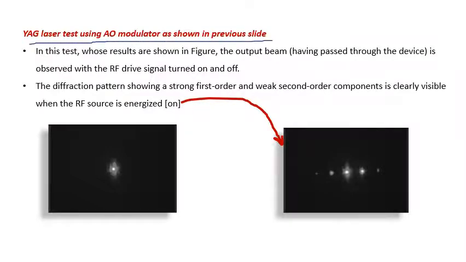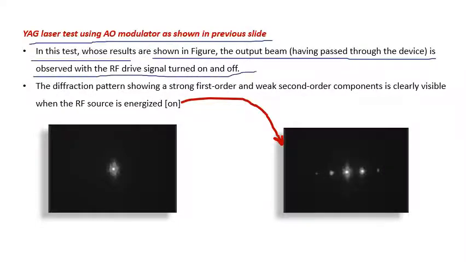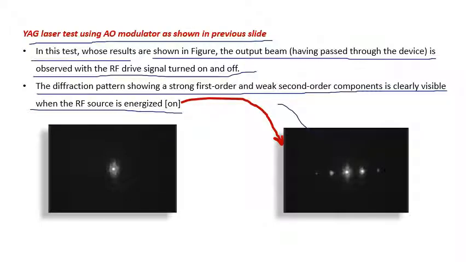In this test, the output beam, having passed through the device, was observed with the RF driver signal on and off, meaning the acousto-optic modulator is on or off. It shows a diffraction pattern with a strong first order and weak second order components clearly visible when the RF is energized.